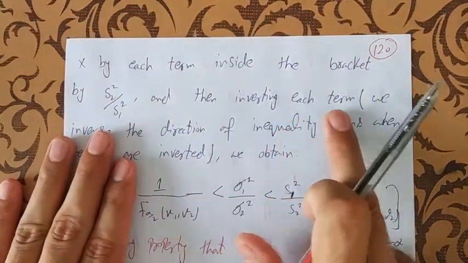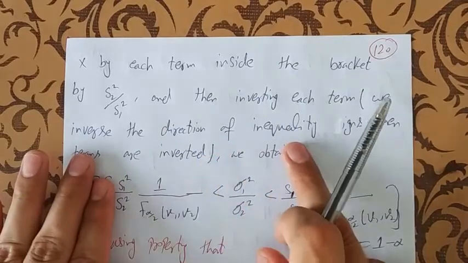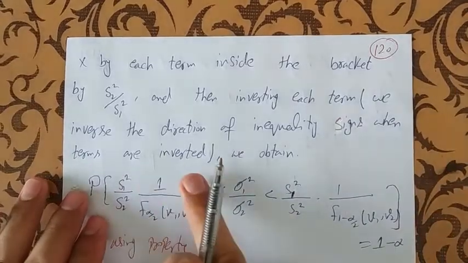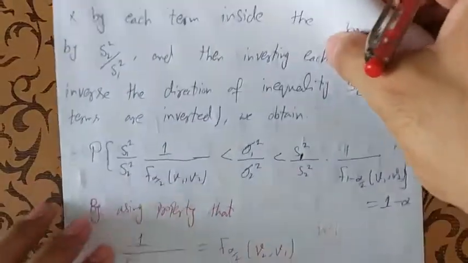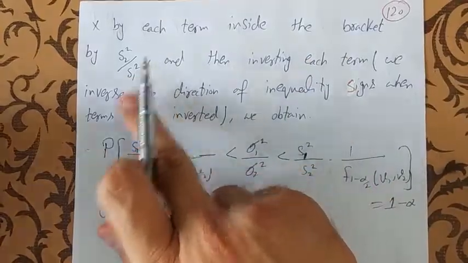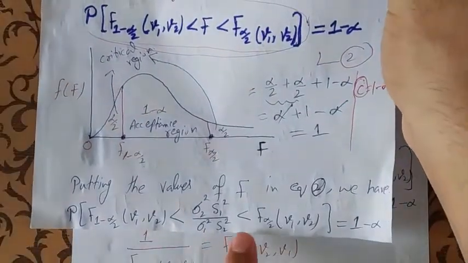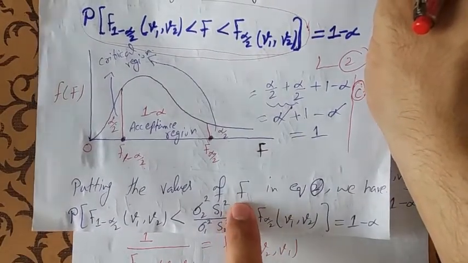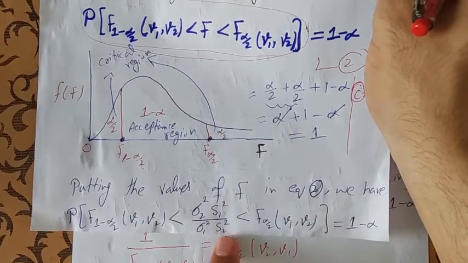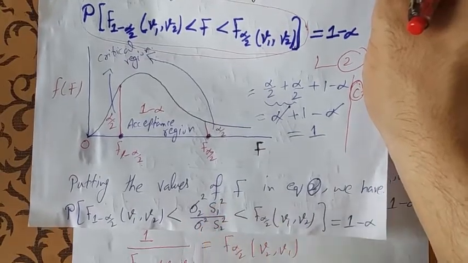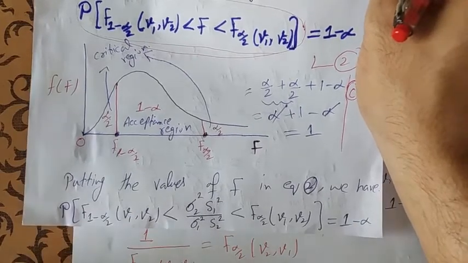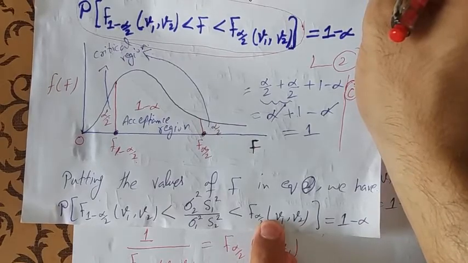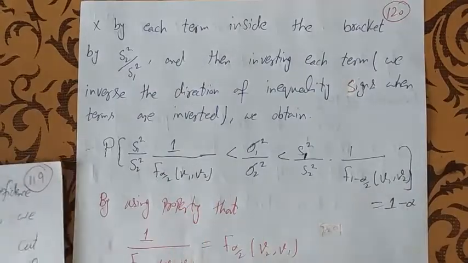Then inverting each term, we invert the direction of the inequality sign. When this value is multiplied with this bracket statement, the s2 square over s1 square cancels out this, and this also cancels out this, and we multiply s2 square over s1 square with this element and also with this element. All these remain the same.